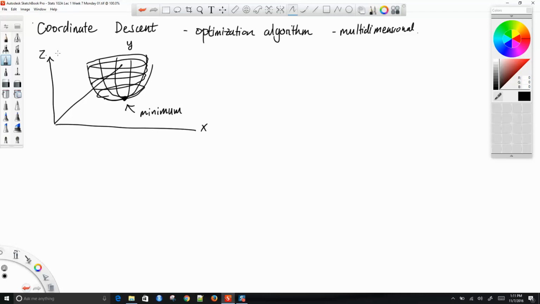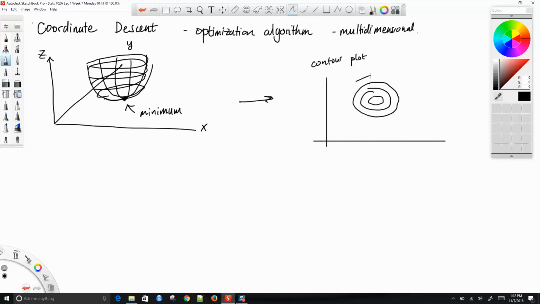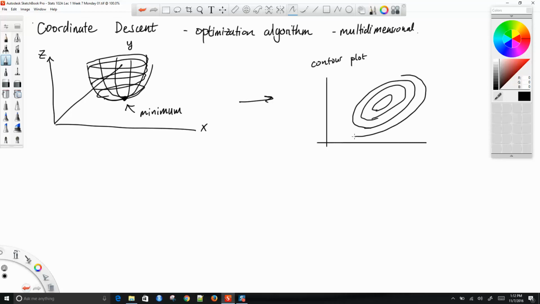And so we can create a contour, and this would look something like this. This is not a very good example, so let me make it a little bit more like this. We'll pretend that our contour looks something like this.